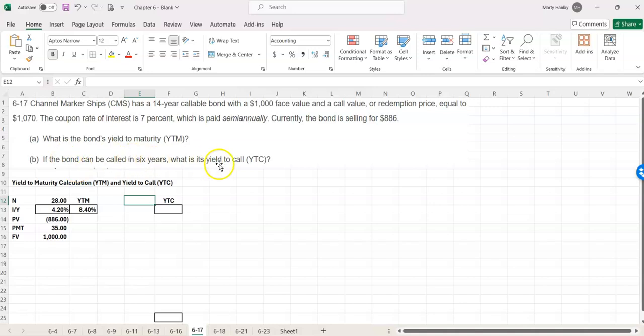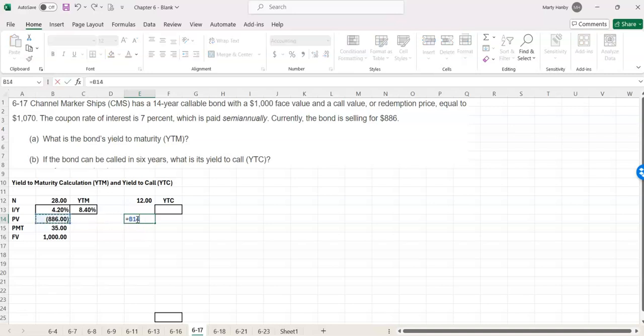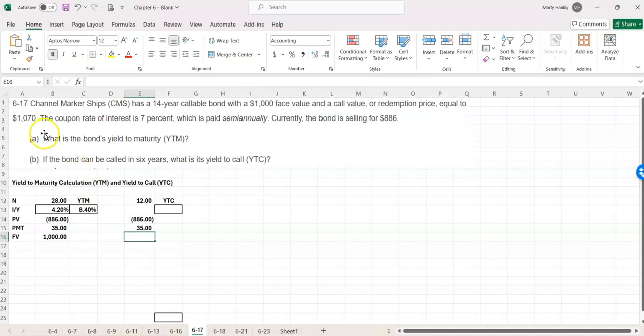If the bond can be called in 6 years, what is the yield to call? So we have 6 times 2 as the N. The price is going to stay the same, so we'll just pull that over there. And the coupon payment is not going to change. But now the future value is going to be the redemption price, so 1,070.